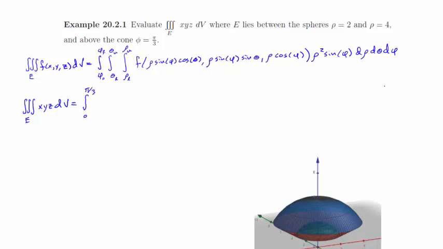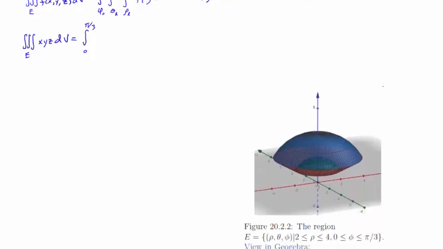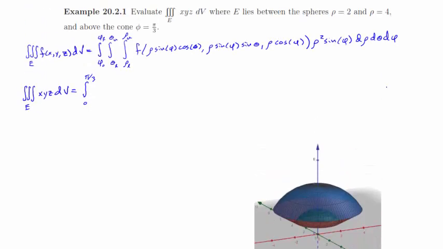So we want to keep in mind, it's going to be easiest to just look at this picture here. If we're doing above the cone, phi equals pi over 3. So pi over 3 is here. Here's my z-axis. This is the xy plane. It's not necessarily the x-axis. It's just whatever direction we're looking at.